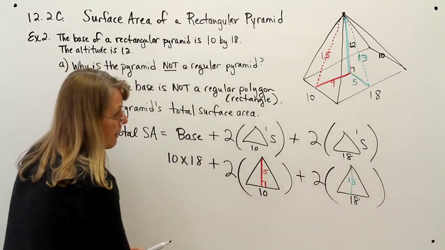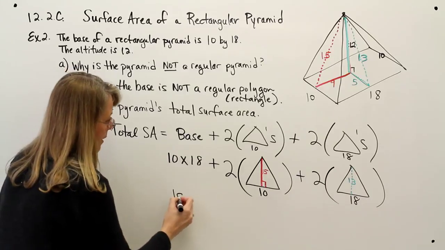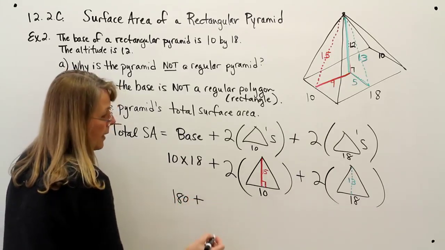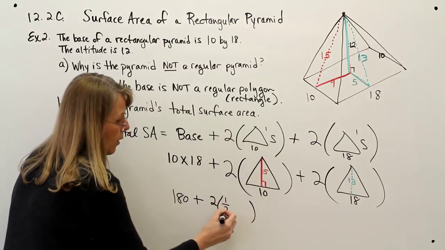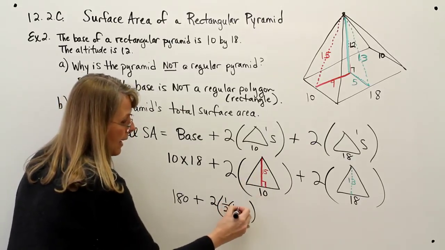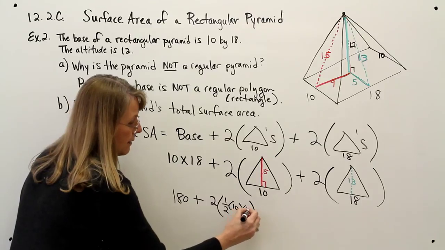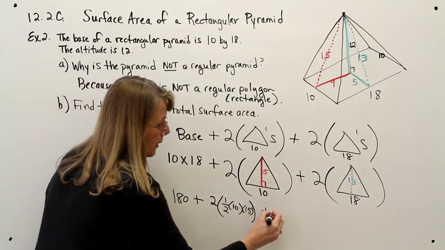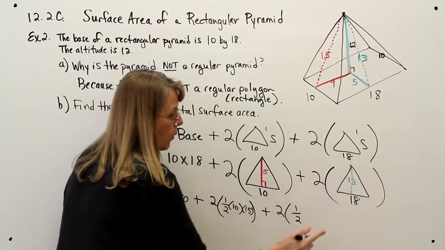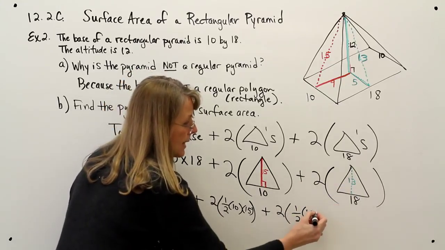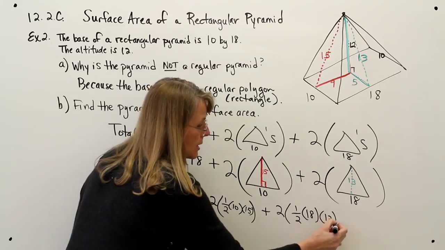Now I'm ready to make my calculations. I have 180 plus 2 times the area of this triangle, which is 1/2 base of 10 height of 15, plus 2 times the area of this triangle, which is 1/2 base 18 times height 13.